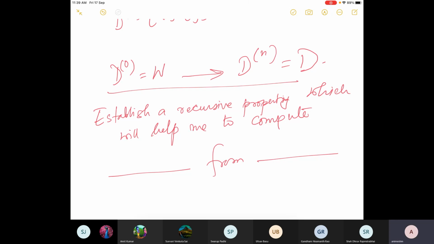What am I targeting to compute? Dn, right? From D0. What will be the recursive property on?